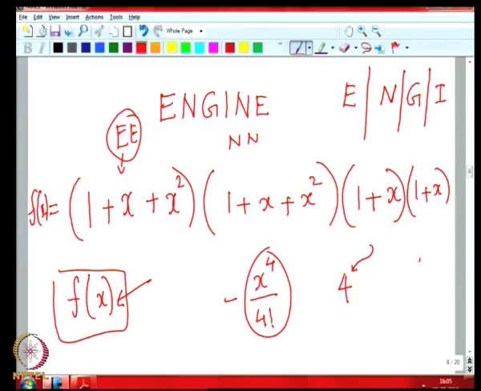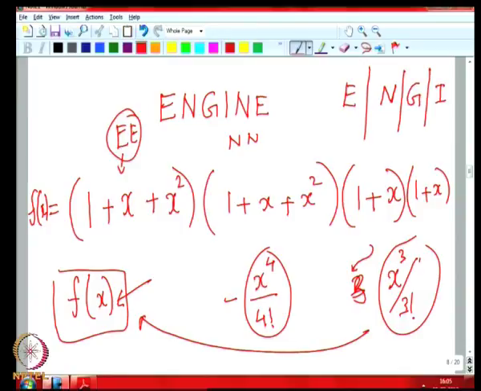If you are talking about picking 3 letters, then we have to look at the coefficient of x cube by 3 factorial in f of x. In general, if you are looking for picking k letters, then the coefficient of x raised to k by k factorial is what we are looking for.